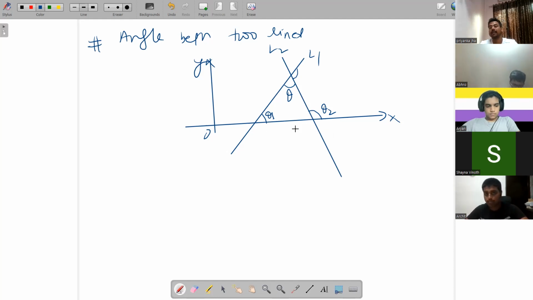Now, if you apply the exterior angle rule, you know that in a triangle, the exterior angle will be equal to the sum of opposite two interior angles. So from here, you can say that theta 2 must be equal to theta 1 plus theta. Now, theta is theta 2 minus theta 1. Just apply tan both sides.